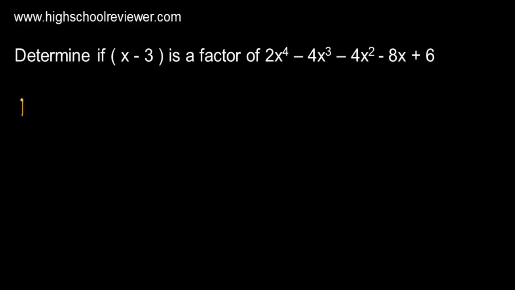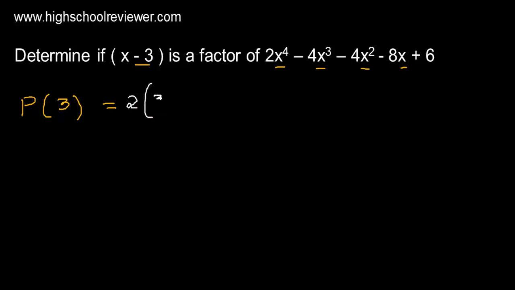For our solution, we will have here p, and we are going to put inside the parentheses the opposite sign of negative 3, and this is positive 3. And then we are going to substitute 3 to all the values of x. Substituting, we will have 2 instead of x.